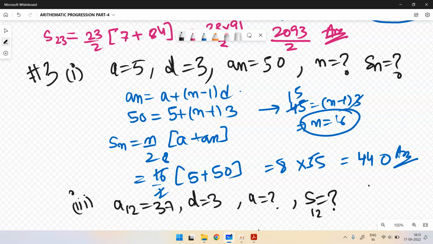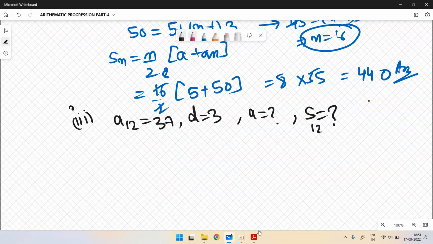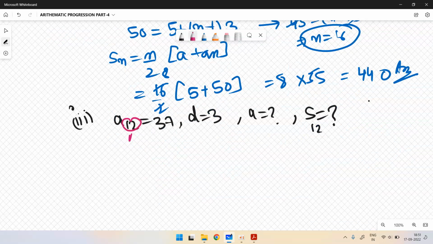So from the data given below, 12 is n, d is 3. So this a12 is 37. I'm directly laying out the formula. This is a plus 11d, that is a plus n minus 1 d. This is given to be 37.